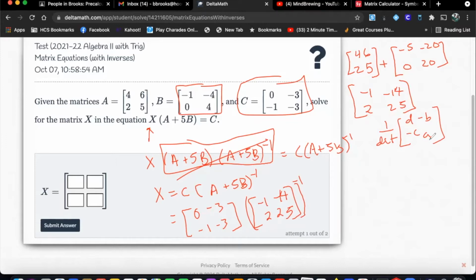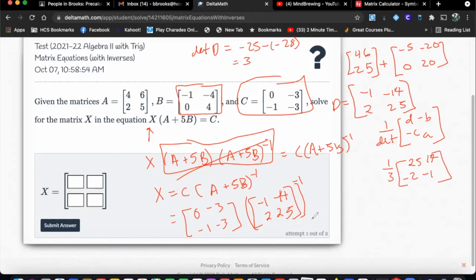So the determinant, and I'm going to call this matrix D, is going to be negative 25 minus negative 28, or positive 3. So it'll be 1 over 3, and then we need to switch D and A, so 25 and negative 1, and change the signs on B and C like that.